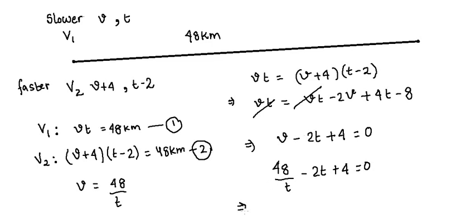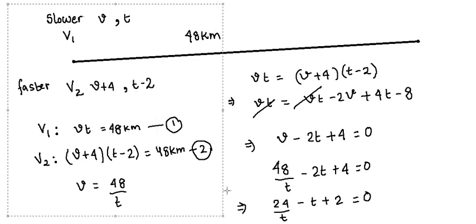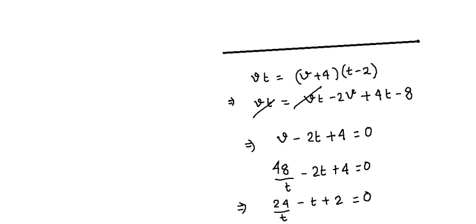Further simplifying, first take 2 common, and you get 24 by t minus t plus 2 is equal to 0. Simplify more, and you get 24 minus t square plus 2t is equal to 0.